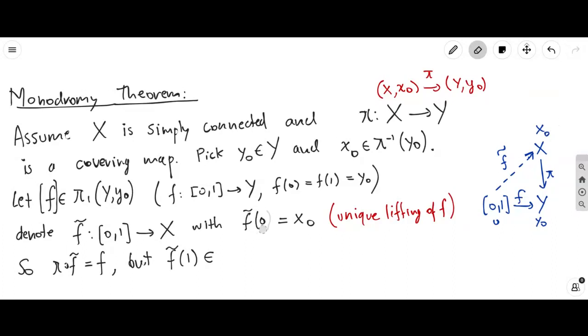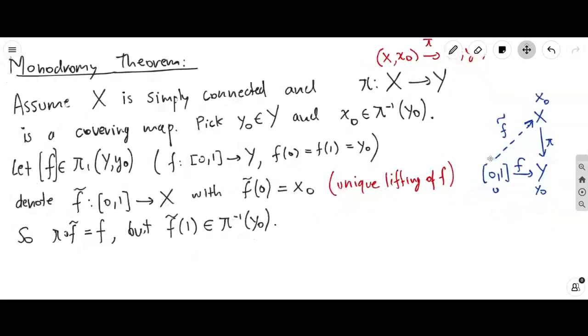But the point that it finishes at does not need to be x0. Just because the path in the base is closed does not mean that when you lift it, it lifts to a closed path. So the terminal point is not necessarily equal to x0. Rather, it's something in the fiber over y0. That's all you can say. It's not necessarily the same point.